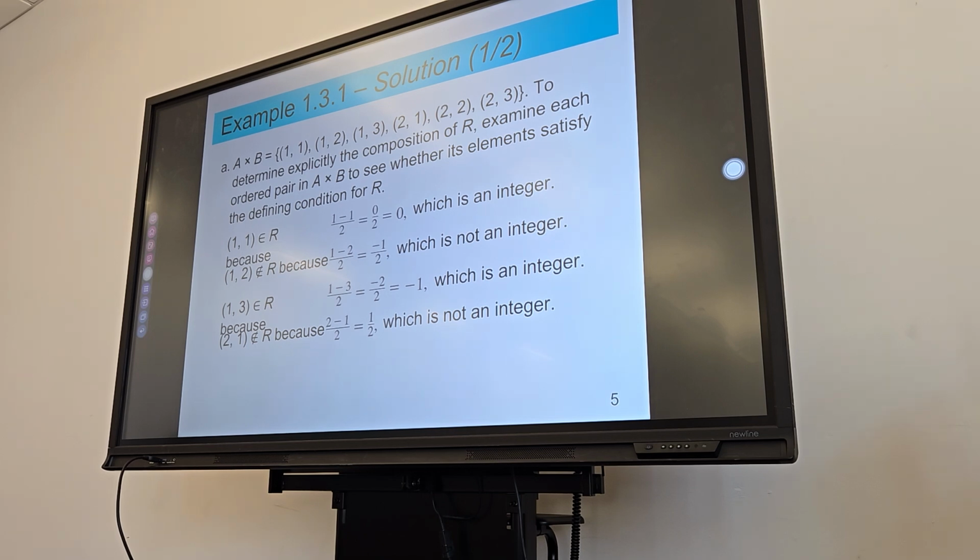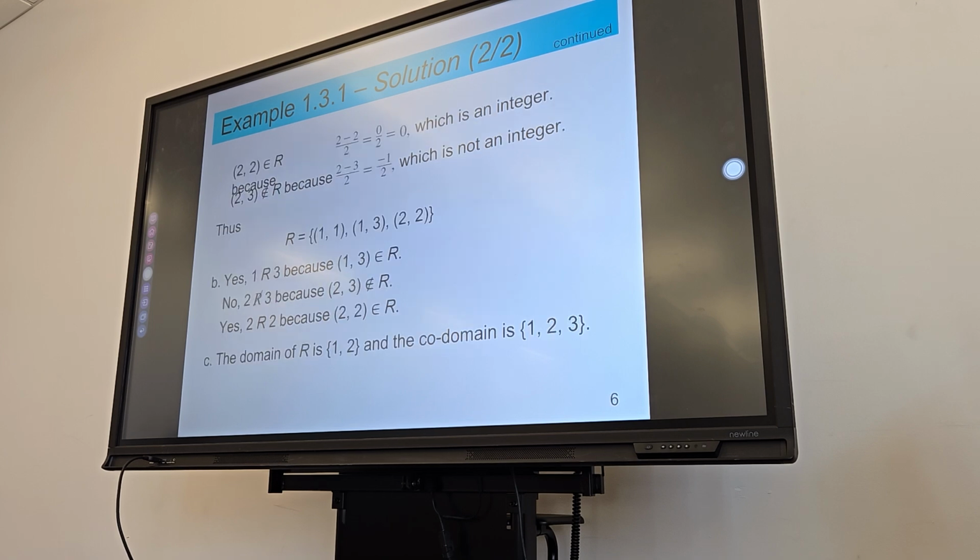You have to go through each one to determine if the ordered pair is an element of R. So (1, 1) is an element of R. (1, 2) is not. (1, 3) is. (2, 1) is not, because the equation doesn't yield an integer. (2, 2) is an element of R. (2, 3) is not.